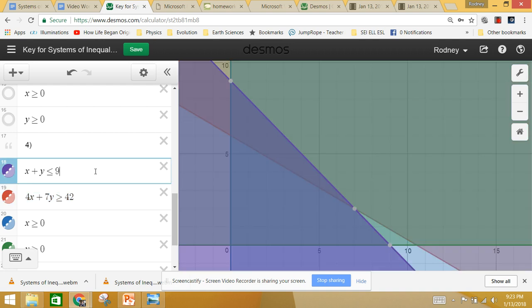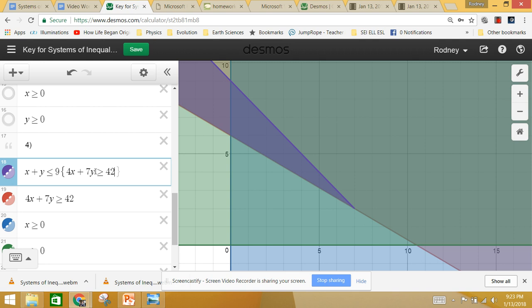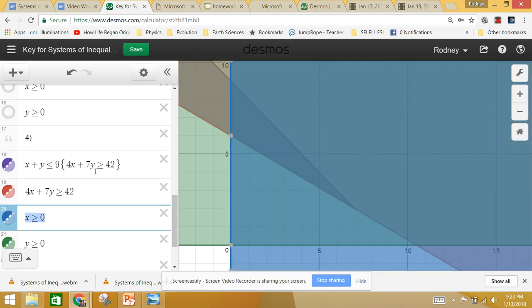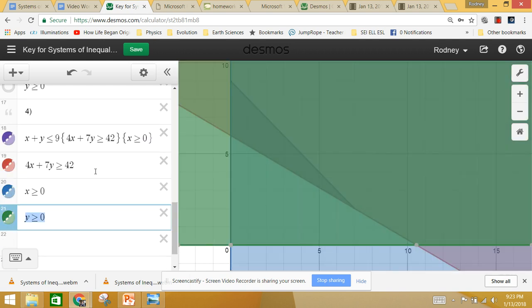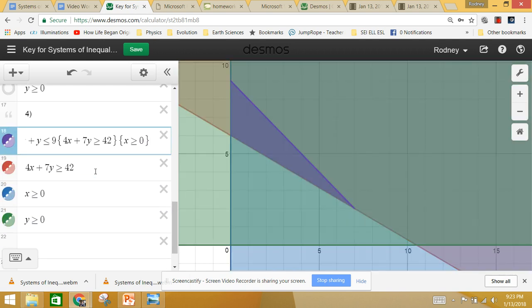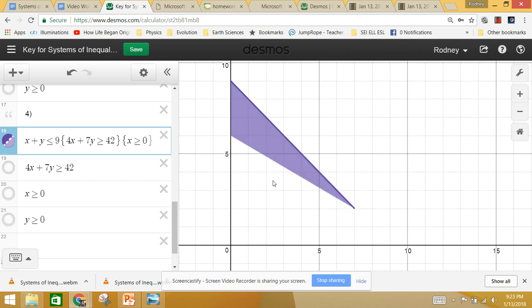So I'm going to take one of the inequalities, make it a restriction for another one. I'll take another inequality and make it a restriction for that one. And now I've put all those restrictions. I'll turn these off so they're not distracting. And this is my solution zone.